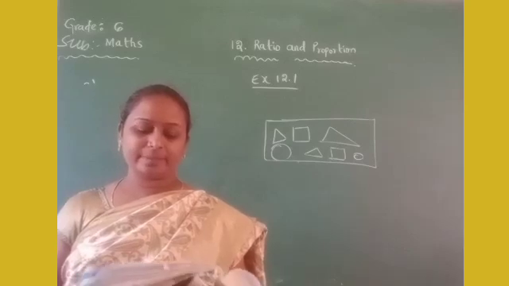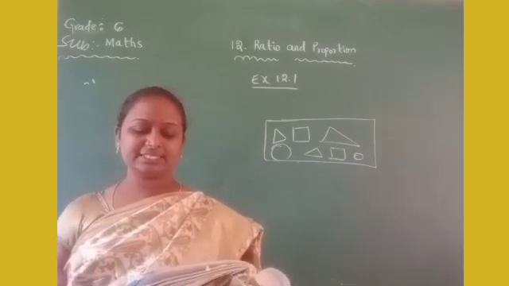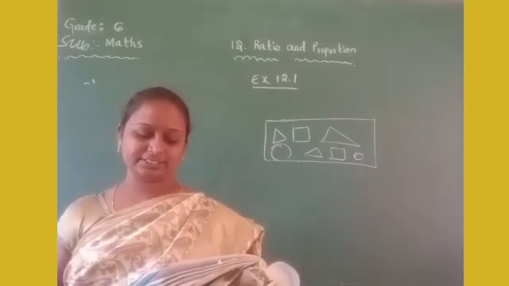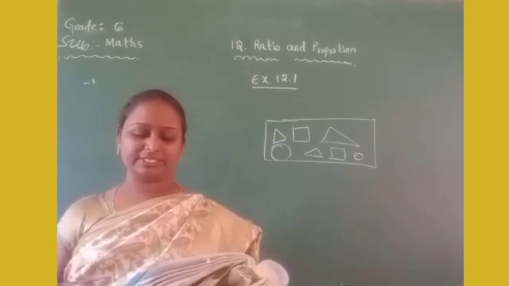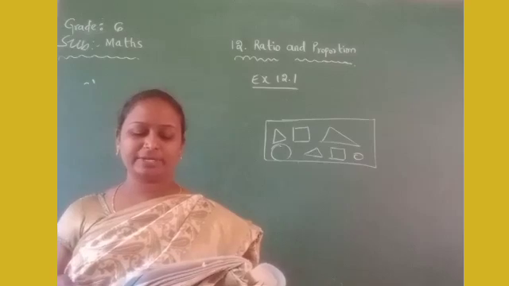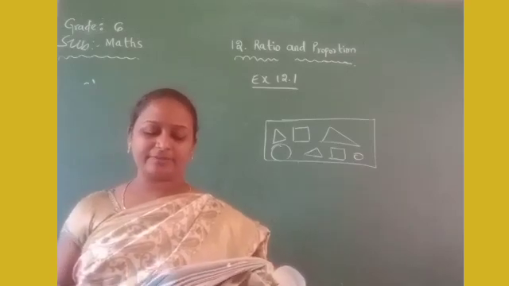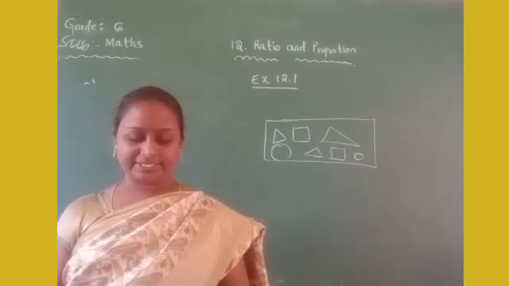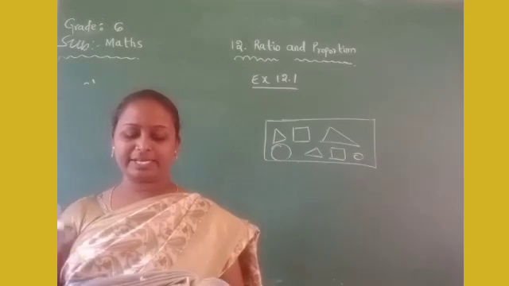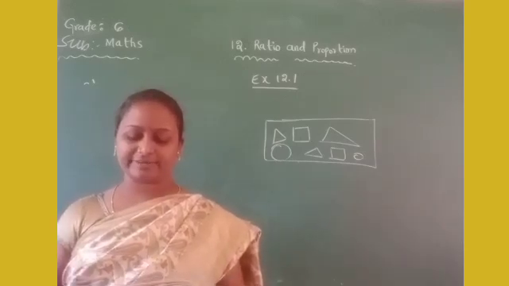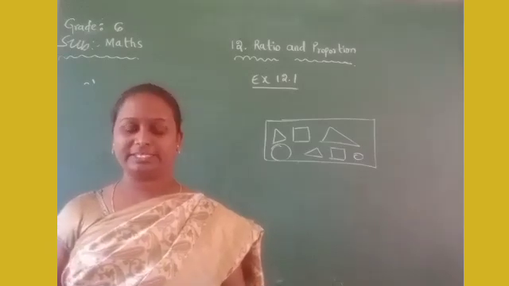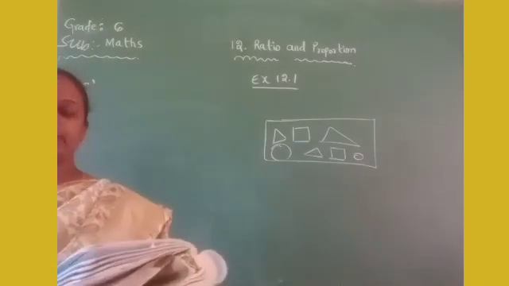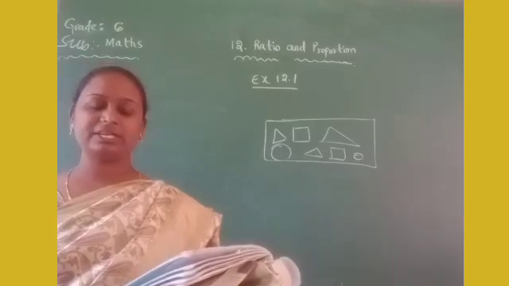Next, see the fourth question. Distances travelled by Hamid and Akhtar in an hour are 9 kilometers and 12 kilometers. Find the ratio of the speed of Hamid to the speed of Akhtar. Here, how much distance did Hamid travel in an hour? 9 kilometers. How much distance did Akhtar travel? 12 kilometers.